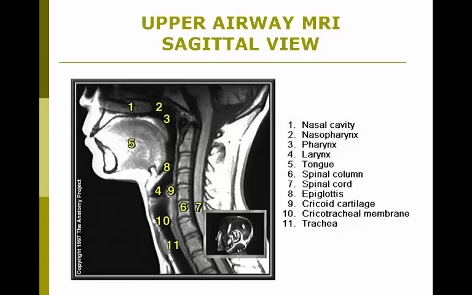We've looked at the spinal column and cord. Look at number 8. That's the epiglottis. It's a very good view of the epiglottis, which is a cartilage that folds down over the opening that leads to the trachea during swallowing. So when you swallow, you don't want the food to go down the wrong way, so to speak.